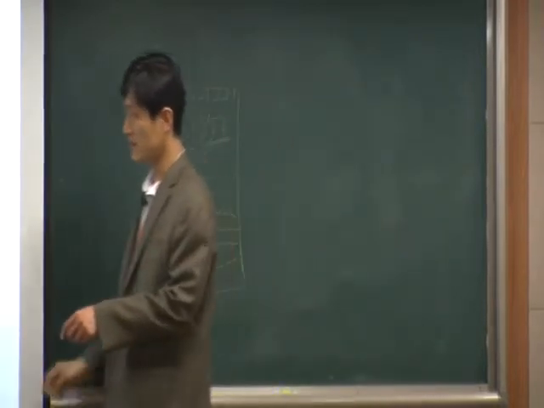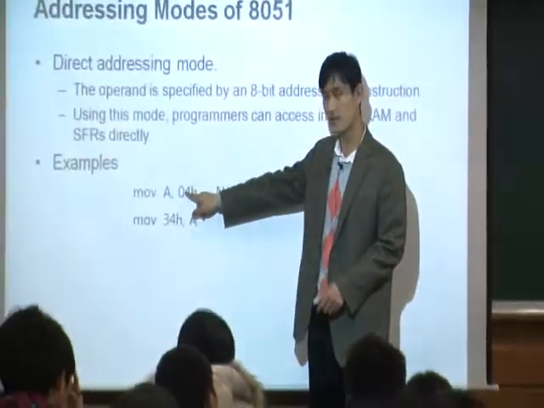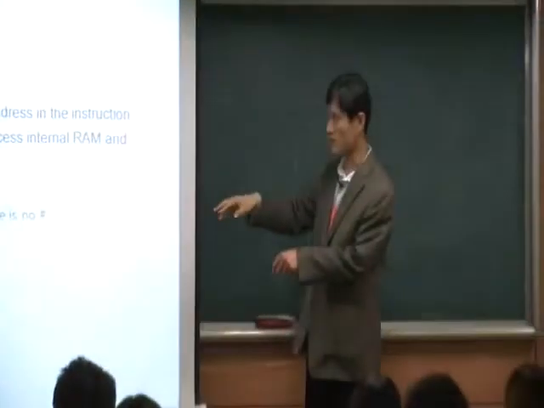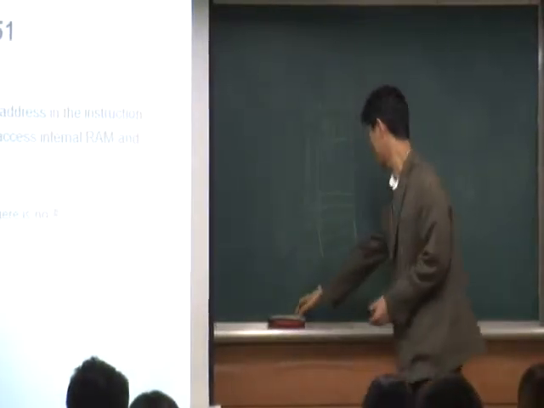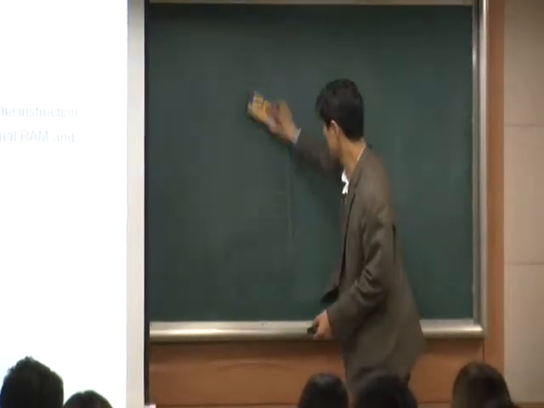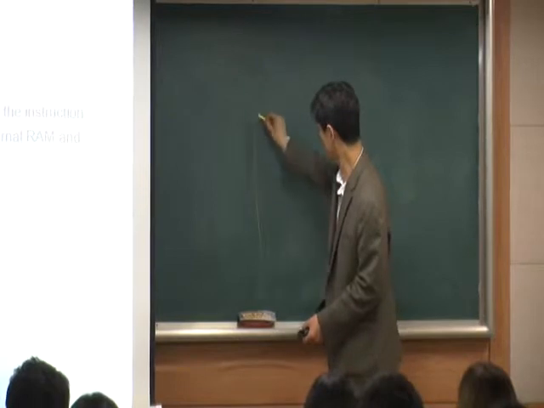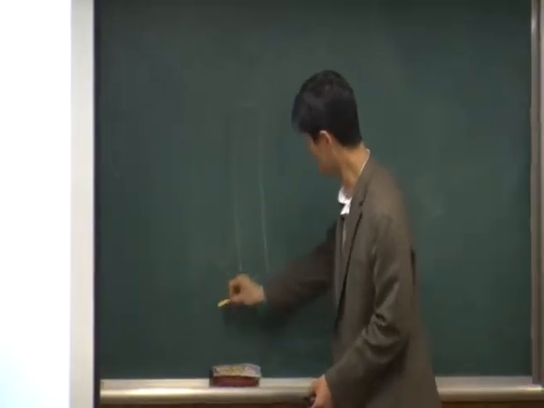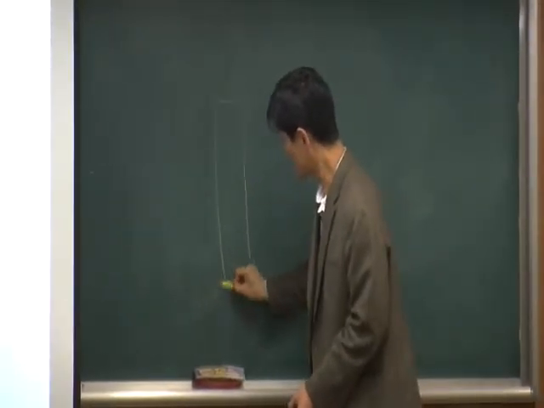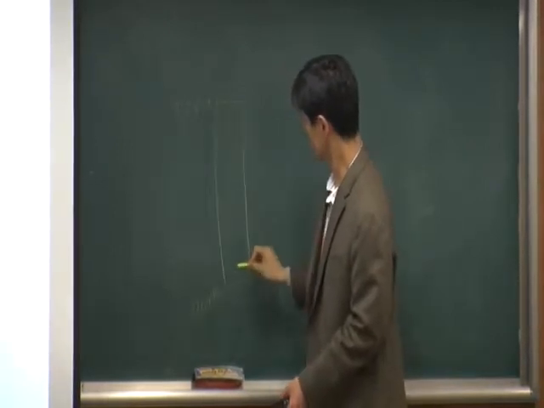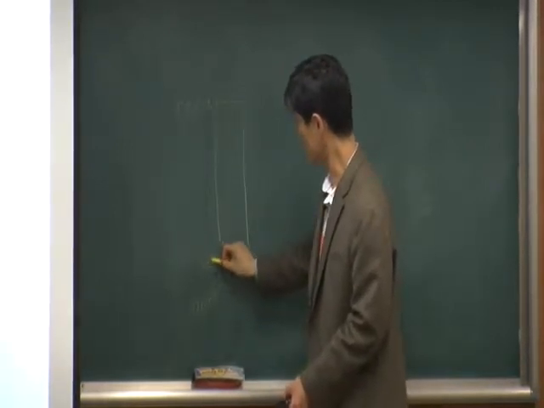But this one has nothing to do with this address. This one is another address. Address 04 is memory, and we have an address space of this much. So I'm talking about only this address.